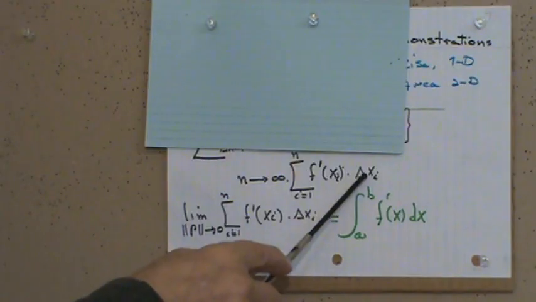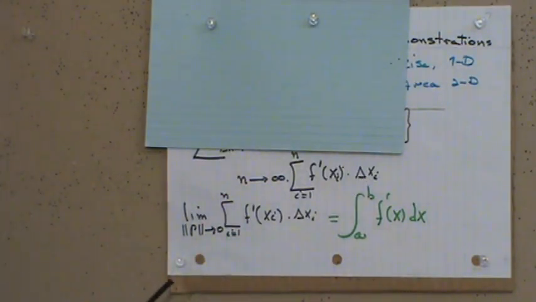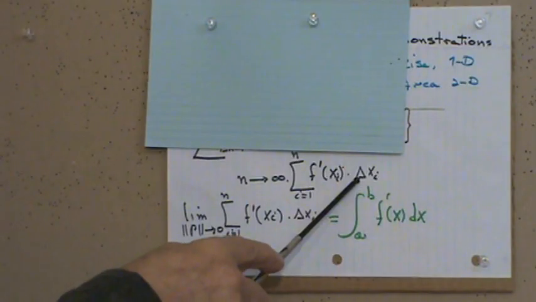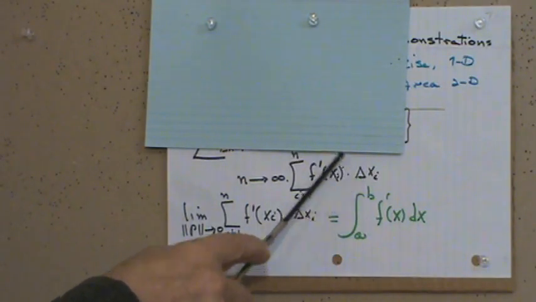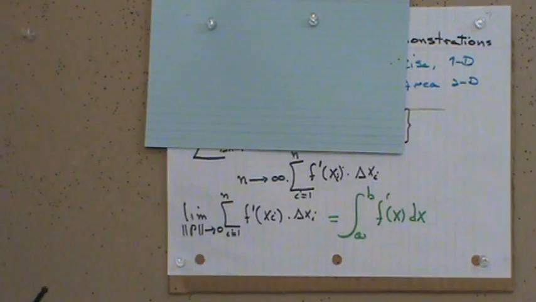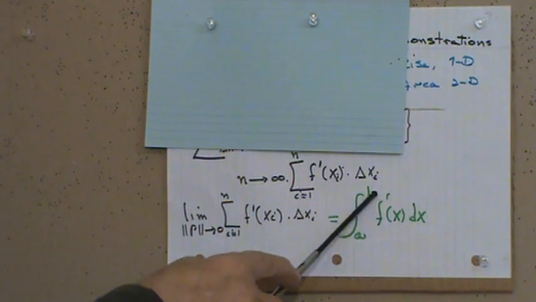Then we multiply that by delta x, which is the length of the interval, b minus a over n, as n becomes extremely large. So that delta x becomes extremely small. That is what they call a Riemann sum, which I will talk about in the coming lecture. When I take the limit of that as n approaches infinity, I end up with the definite integral.